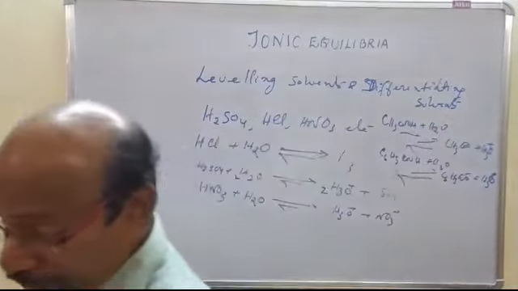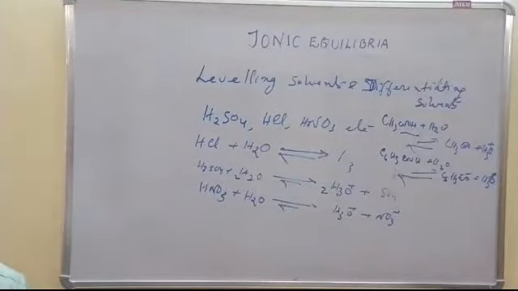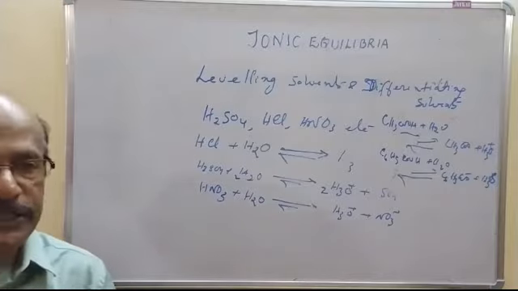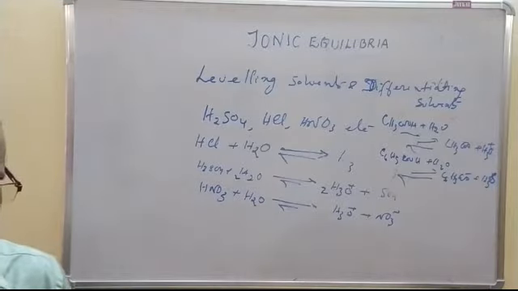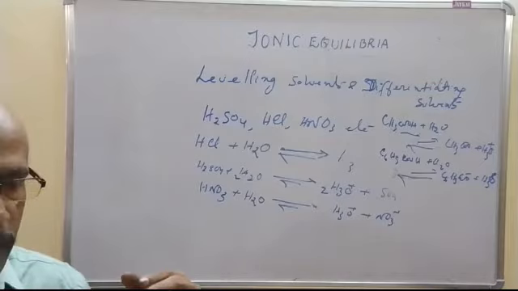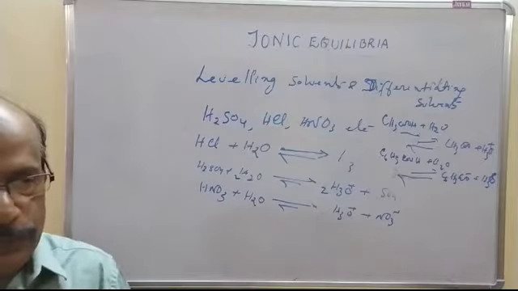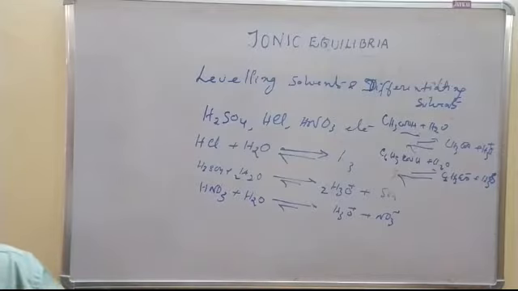What I want to say is, what is a leveling solvent? A solvent that can accept or donate a proton such that different acids are ionized to the same level in that solvent, all equally ionized to the level of the hydronium ion, is said to be a leveling solvent, and all the different acids are equally strong in such a solvent.